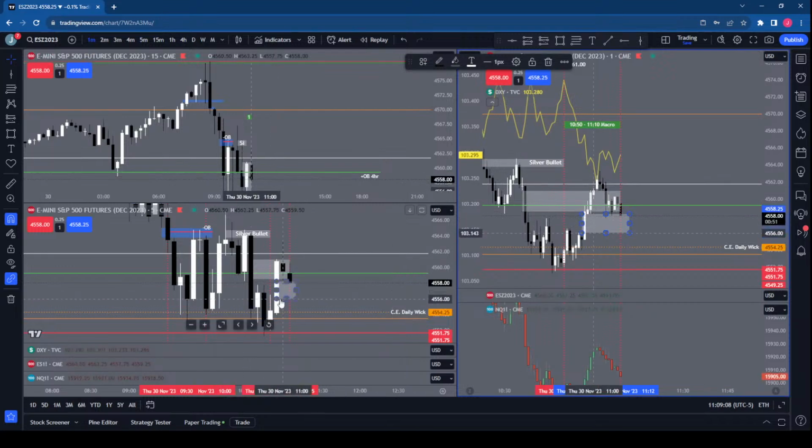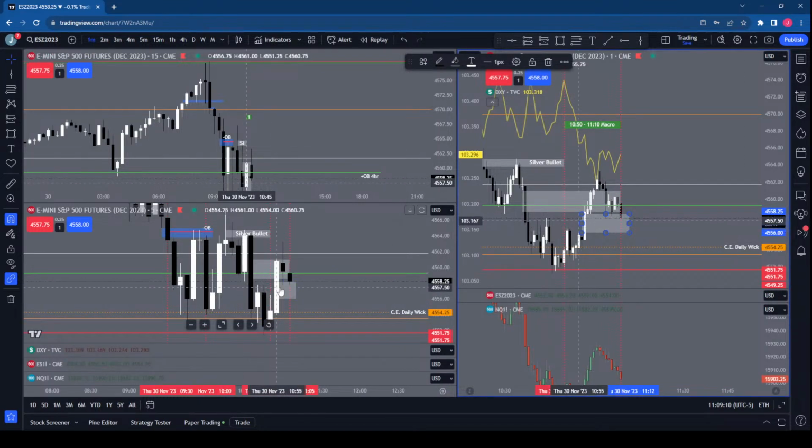I want to see if it comes down, kind of hits into this 5-minute fair value gap, and then goes higher.